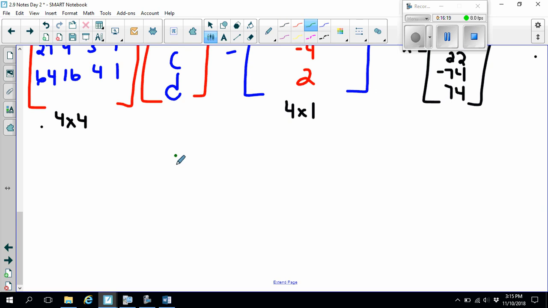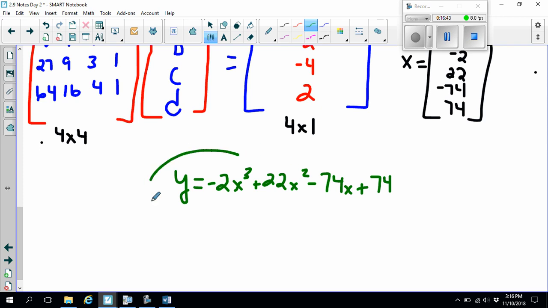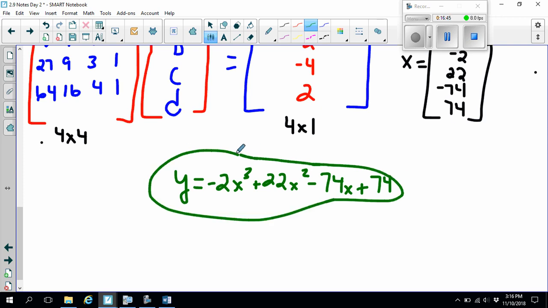So our final answer is going to be y equals -2x^3 plus 22x^2 minus 74x plus 74. And then this would be our final answer. So make sure once you've gotten your coefficients that you plug them back in to write your polynomial function.